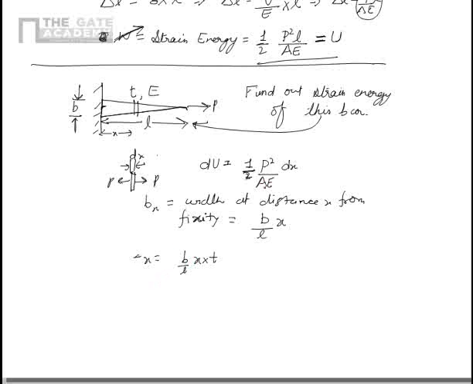So now I take dU, which is the strain energy, P square upon Ax into dx. Now I put Ax here to make clear that this is the area of cross section of this differential element. So I will just write the equation once more.